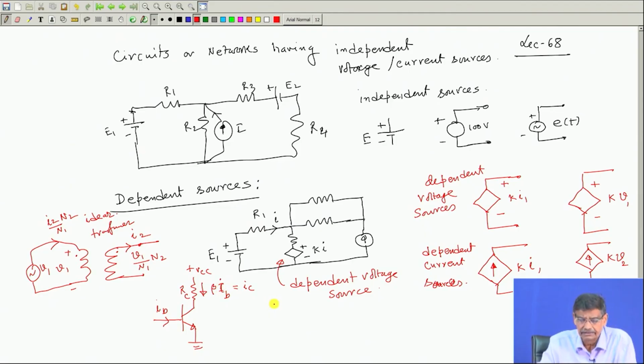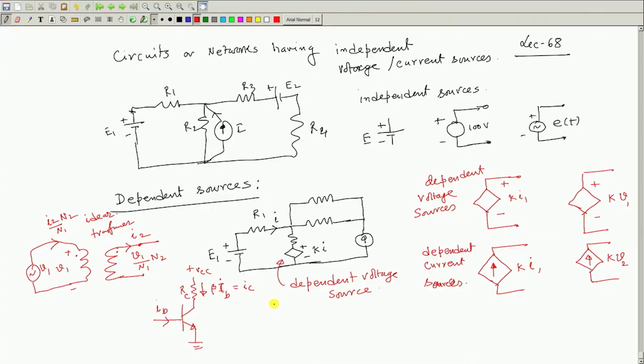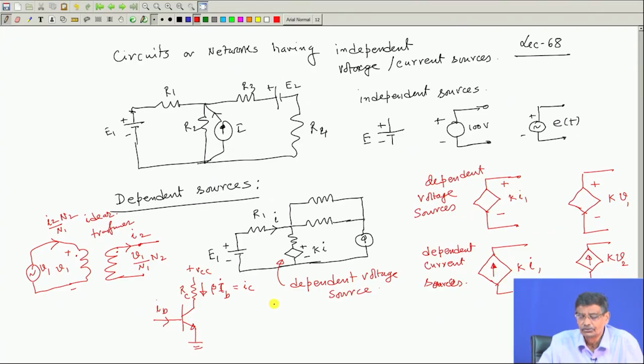We are not discussing those circuits, but in general what I will tell you is this: if a circuit is given with both dependent sources and independent sources present, then how to analyze those circuits. That way I will introduce it to you, and nothing is better than taking an example, because we already know how to analyze a circuit problem.